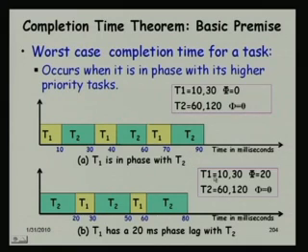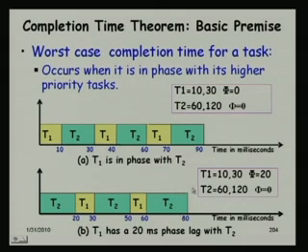But let us assume that T2 is out of phase with T1, that is, the first instance of T1 arises after 20 milliseconds. First T2 will run, and as soon as T1 arises it will run, and so on, and we will see that the response time is 80.